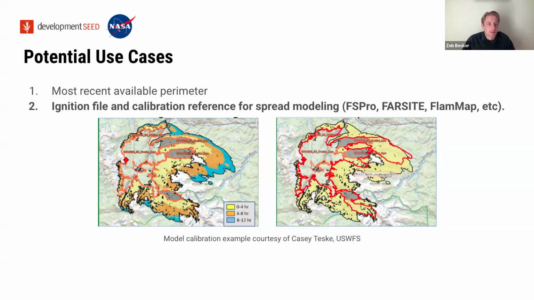She's taken the perimeter from, say, yesterday, and then put in the fuels and weather data and all the settings that she's going to use, and then run a model run. So that perimeter is in orange. Then she's run a model run to look and see where that's going to go. Then on the right, superimposed on the outputs of that model run, you see what actually happened. That's, if you will, the perimeter for today in red.